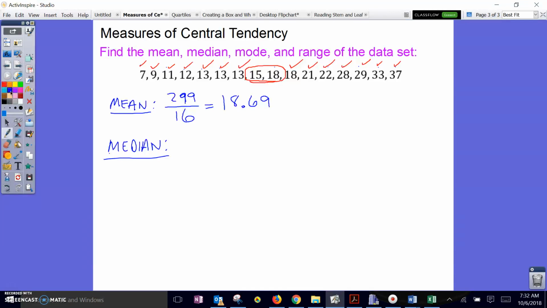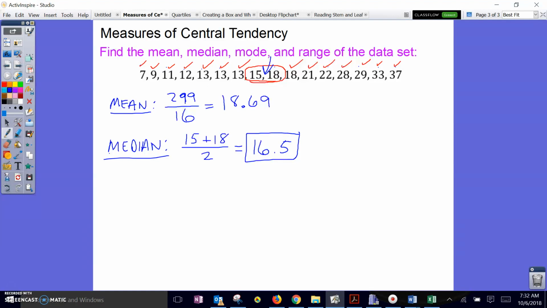So what I do to find the median when I have 2 numbers splitting the middle is find the average of those. I'm just going to add those together and divide by 2. And the median of this data set is going to be 16.5 because it's in between those 2.